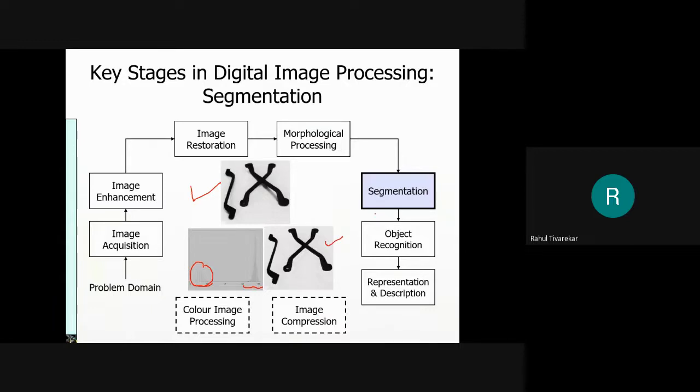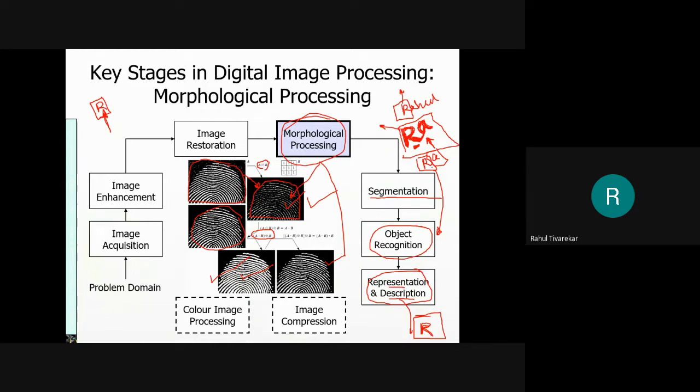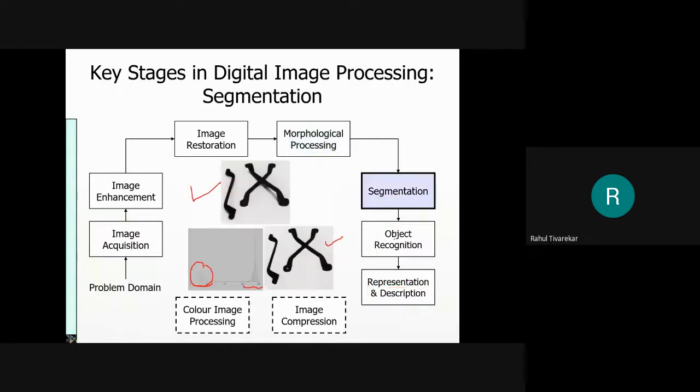And as I said earlier in the previous example, after separating out the letter R, we have to analyze and identify what this is, whether this is A, B, C, D, or whether it is R, and that is called object recognition. So here also, after segmentation, we have to compare this image with a lot of other object images, and then we have to make the decision that yes, this is a spanner.